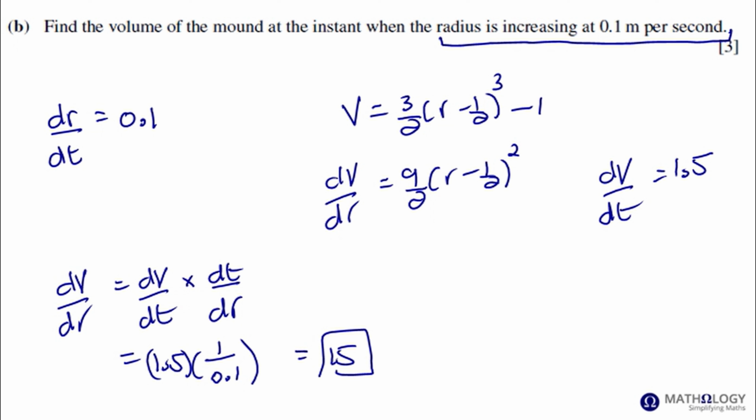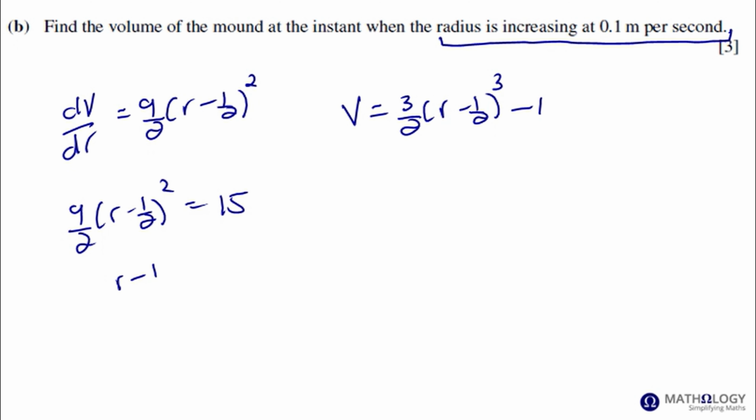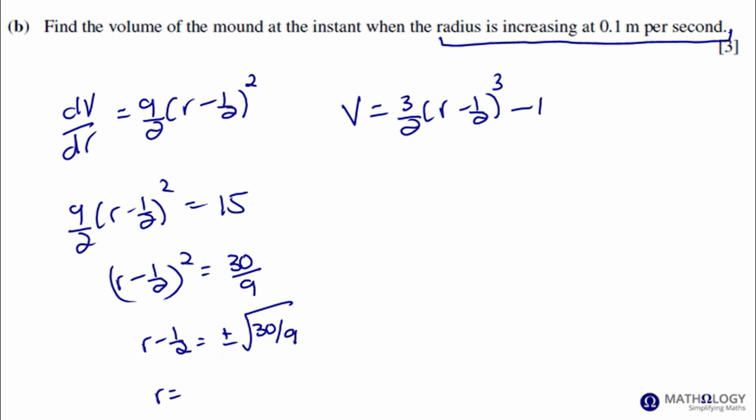So this expression dV/dr equals 15. Now we just solve for (r minus a half) squared equals 30 over 9. r minus a half equals plus or minus the square root of 30 over 9. r is a half plus or minus the square root of 30 over 9.